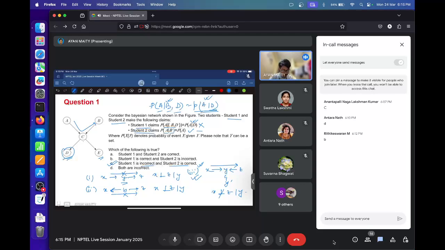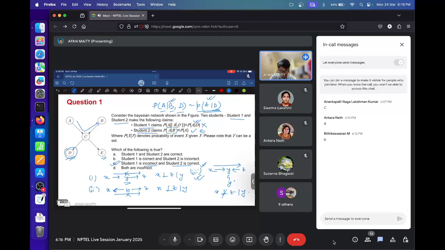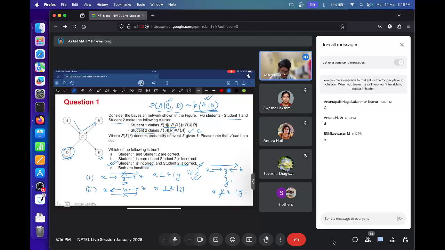Similar to the third claim, the probability of A given B equals the probability of A. Basically, if B and D are given, the probability of A, and if D alone is given, the probability of A. Those are the left side and the right side. In both sides, D is present, so D is given overall in this statement.